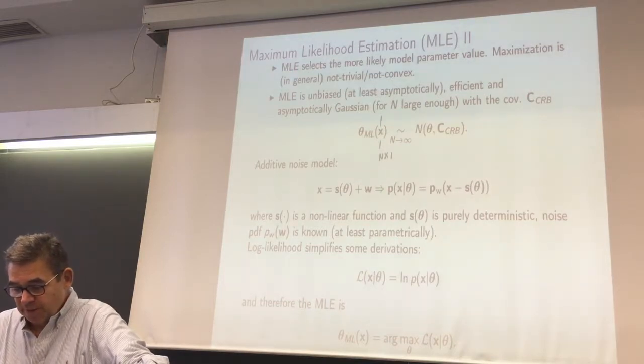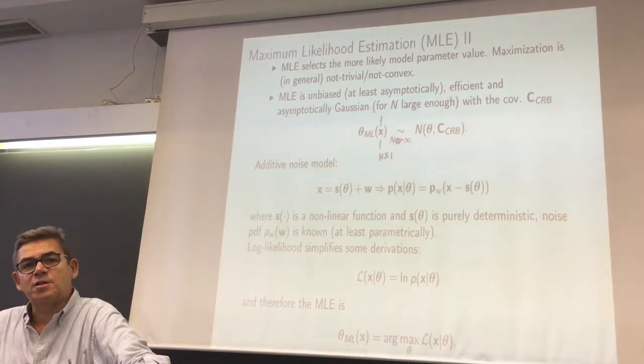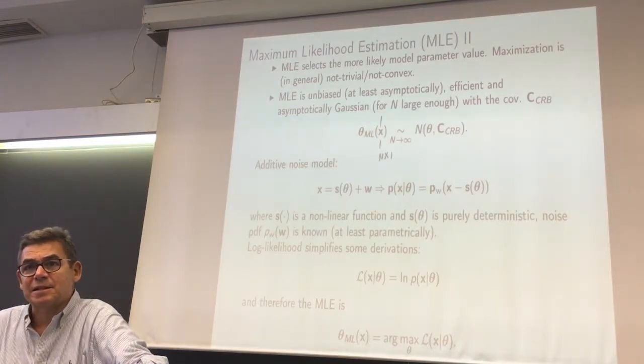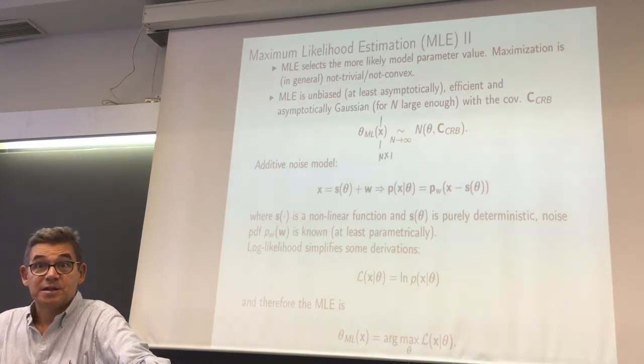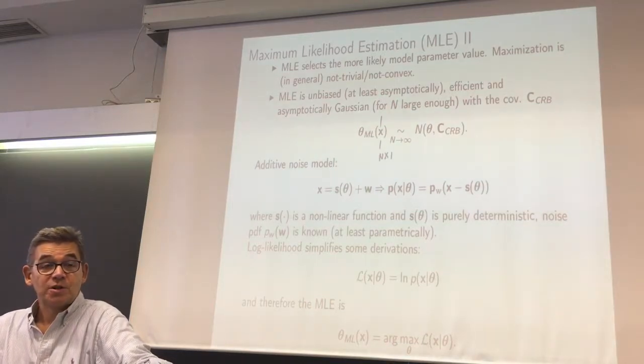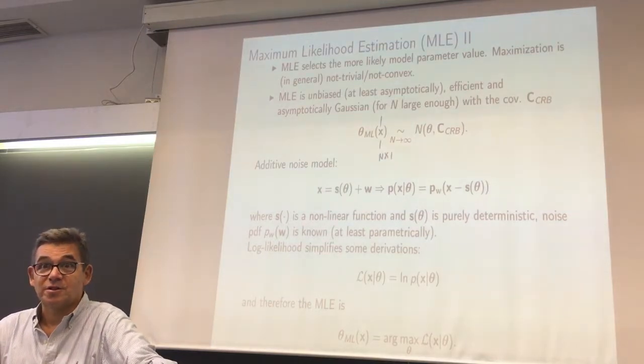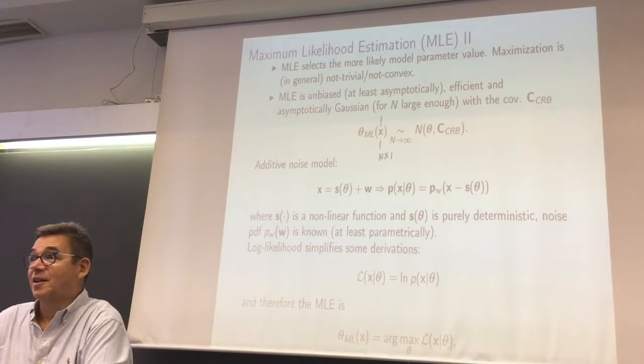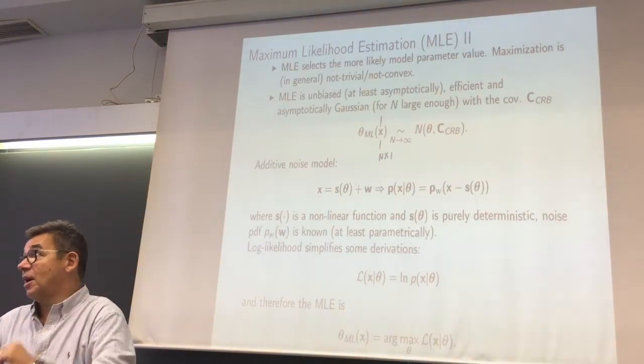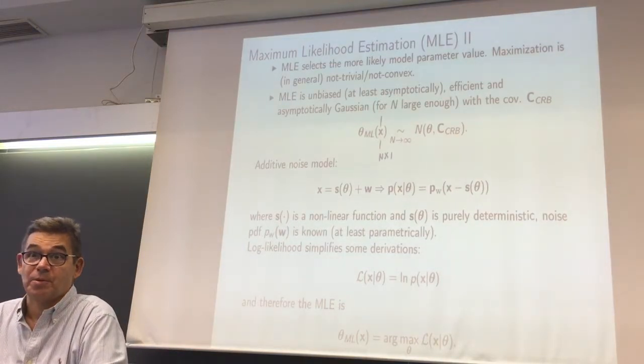The last comment I have to make is that when n is going to infinity, it means that the size of the data is becoming very large. So if the data is big or large, the maximum likelihood is optimal.